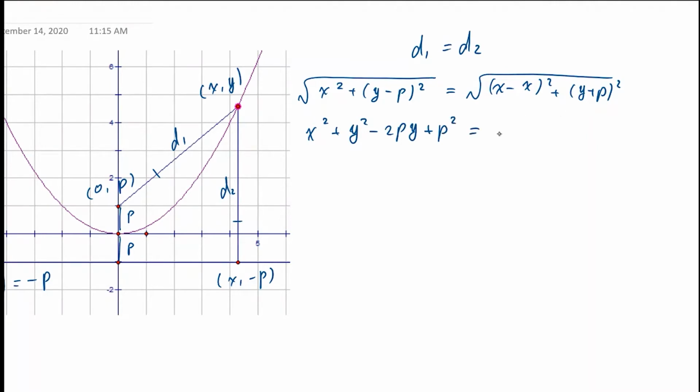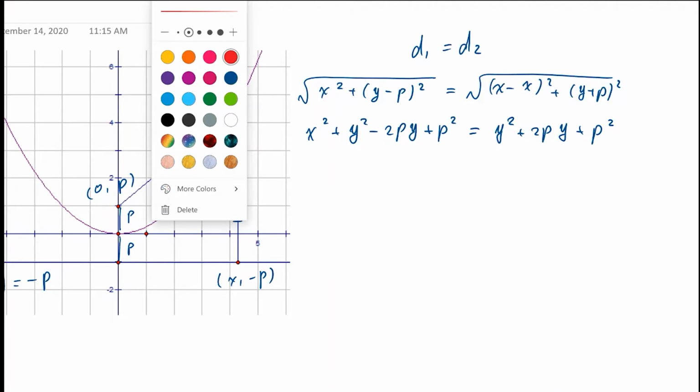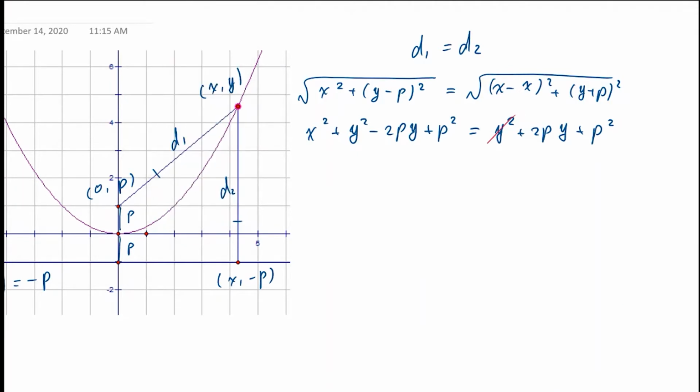And that's 0, so we have y squared plus 2py plus p squared. Let's see what cancels. Y squared cancels. P squared cancels. So what we have left is x squared is equal to 4py.